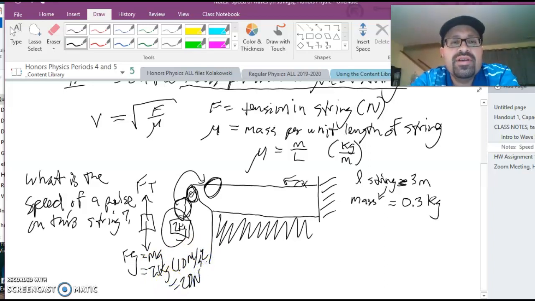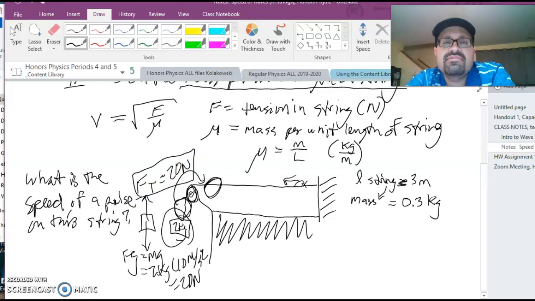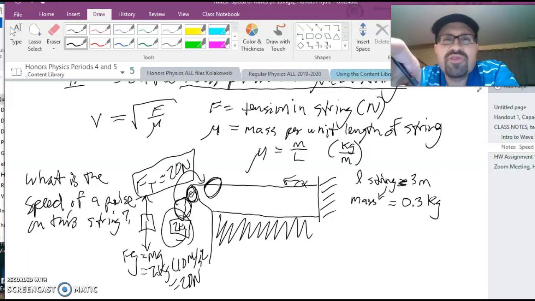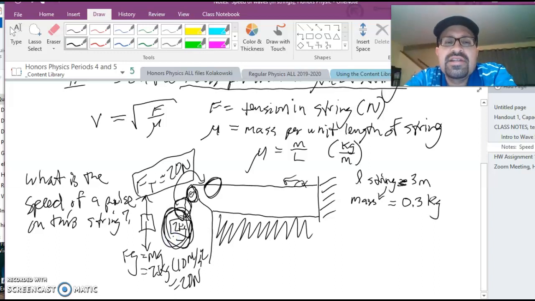That means we know that the tension force is going to be 20 newtons. This weight is going to be stationary. When you pluck the string, you're not going to make the mass over here lower or raise in a significant way. It's going to be in equilibrium, okay?